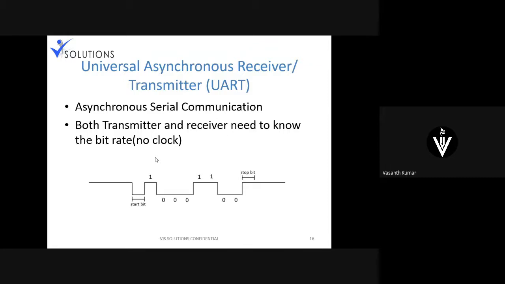I repeat, 1 divided by 9600 is the time for one particular bit. Your receiver will be counting 1 divided by 9600 seconds, which is equivalent to about 104 microseconds. Once it counts that time, it knows that the particular bit is completed, and then it waits for the next bit. Even if a series of zeros is coming, from this point it counts 1 divided by 9600 seconds, and then knows that bit is over.